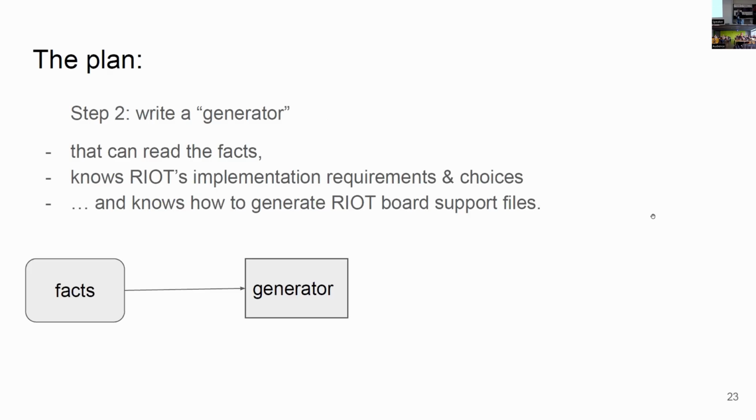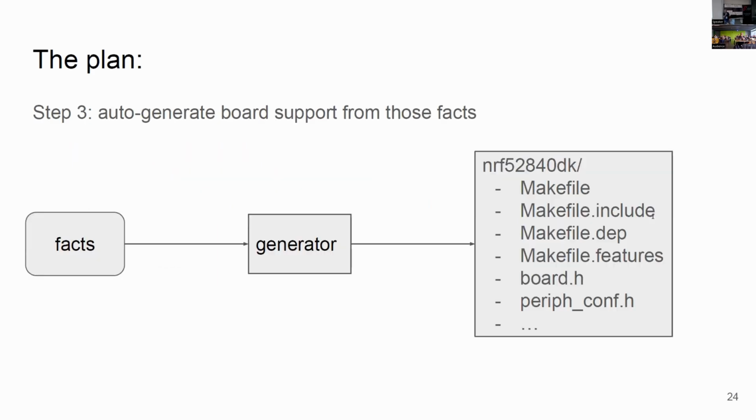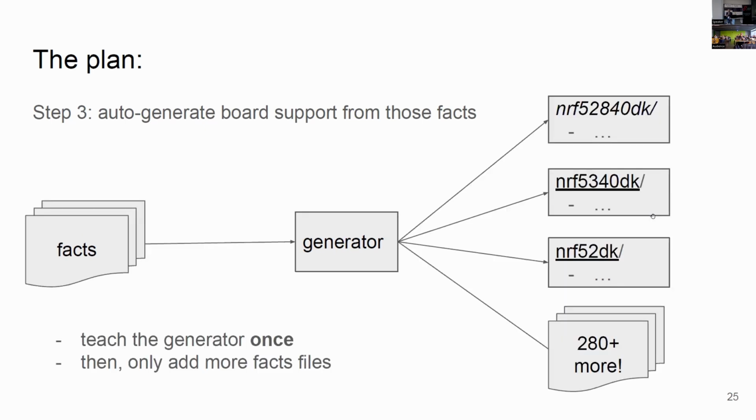Step two, write a generator. Like a tool that can read those facts, that knows RIOT's implementation requirements and choices, and then knows how to generate board support files. And then auto-generate the support for a board, right? And of course, have many fact files reuse the same generator, and then generate all the board support, or a lot.